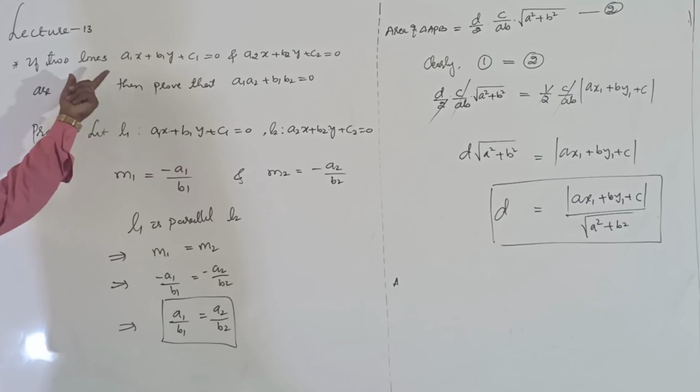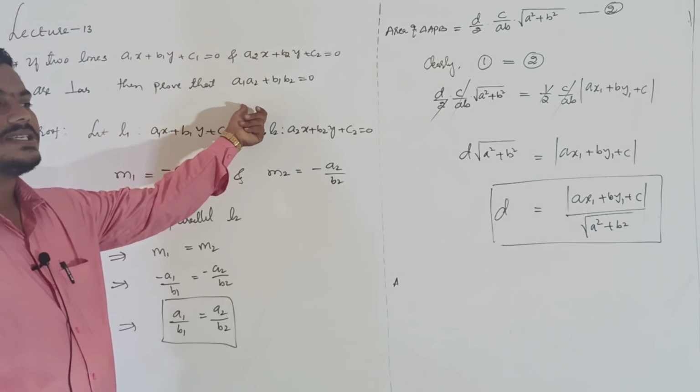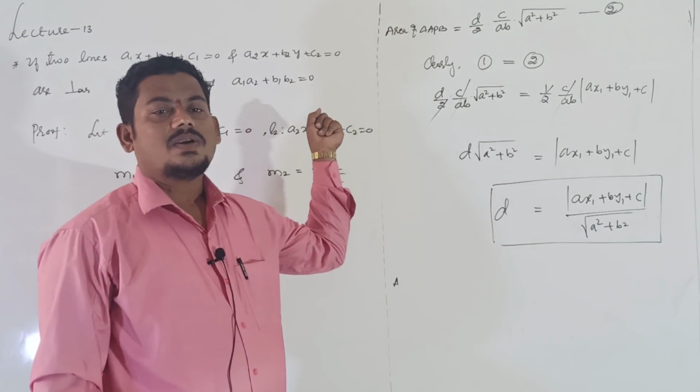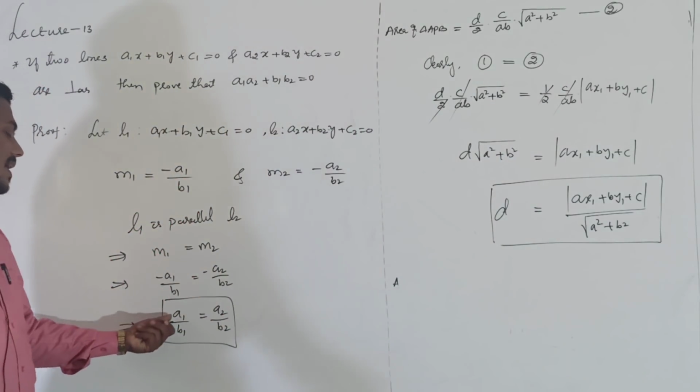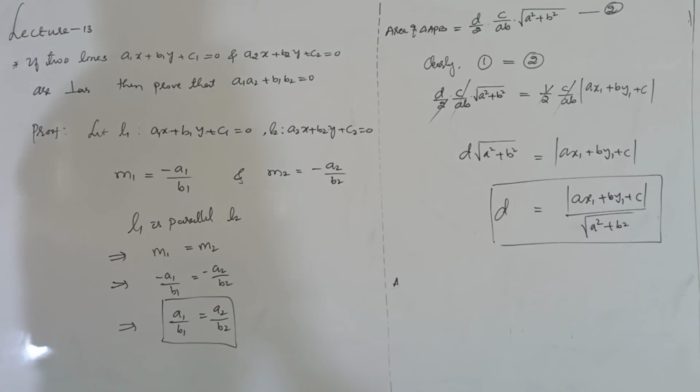If these two lines are perpendicular, then the condition is a1 into a2 plus b1 into b2 equal to 0. If two lines are parallel, then a1 by b1 equal to a2 by b2, right?